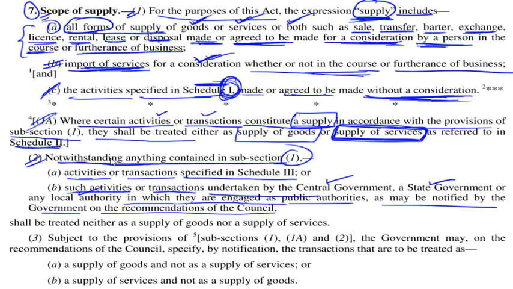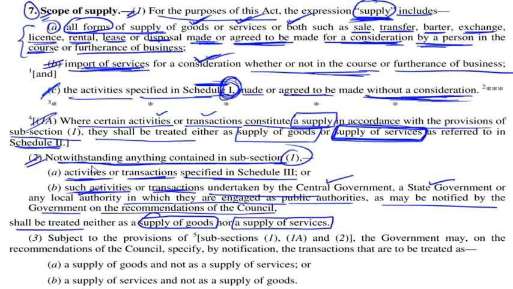So, activities or transactions specified in Schedule 3 or activities or transactions undertaken by government in which they engage as public authorities shall be treated as neither supply of goods nor supply of services.